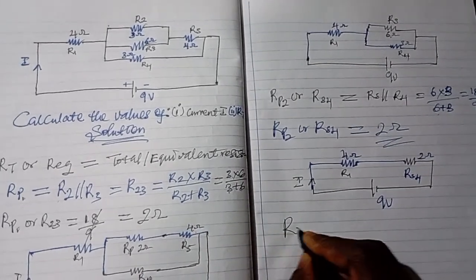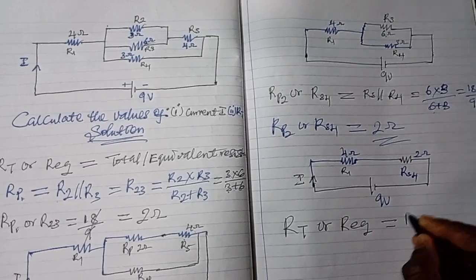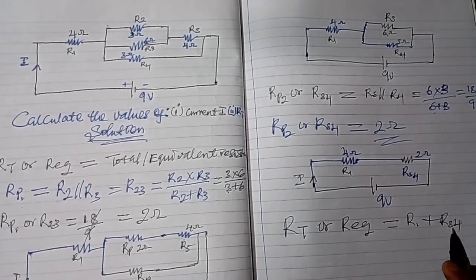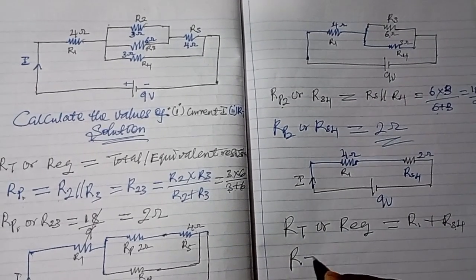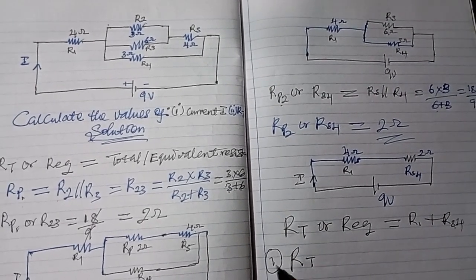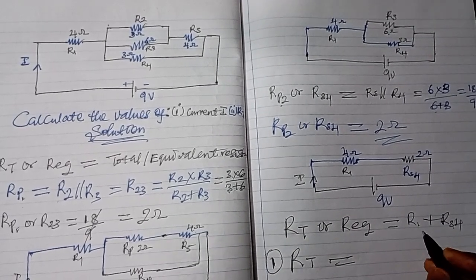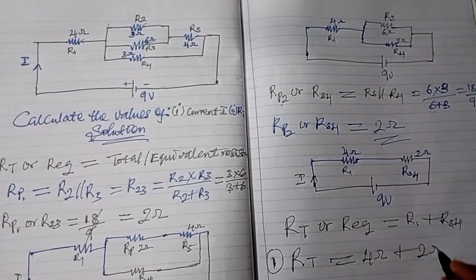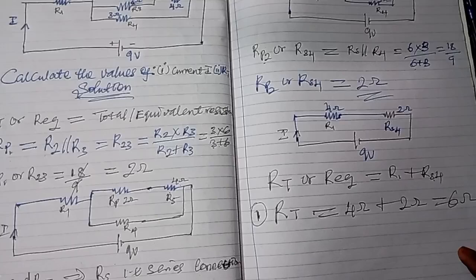So R total or R equivalent now is equal to R1 plus RS4. Okay, remember our RS4 is R parallel 2. So RT is equal to R1, 4 ohms, plus 2 ohms. We have 6 ohms. Good.